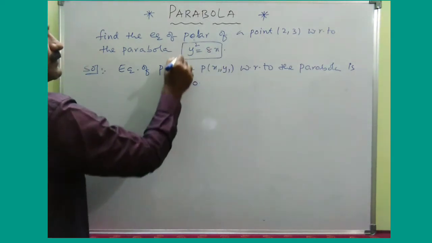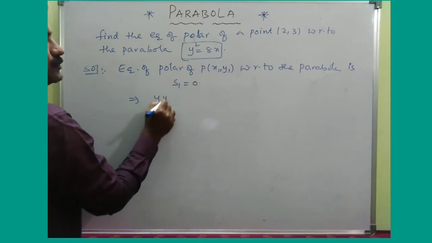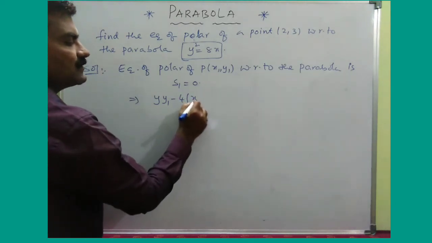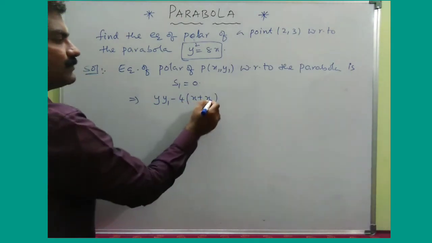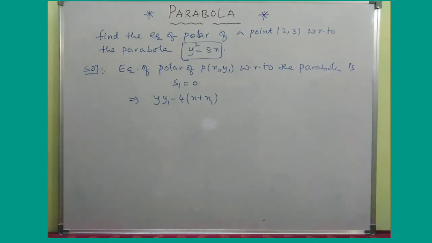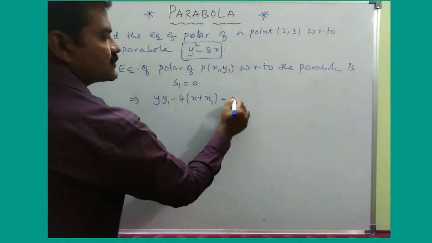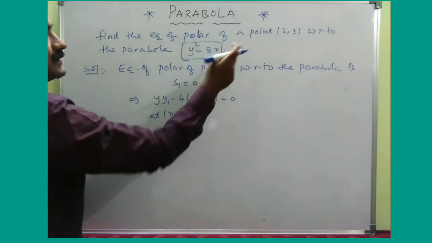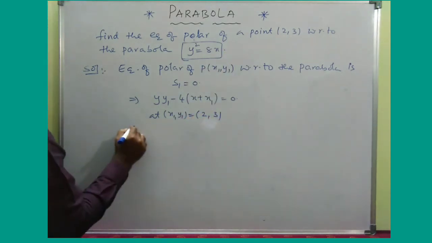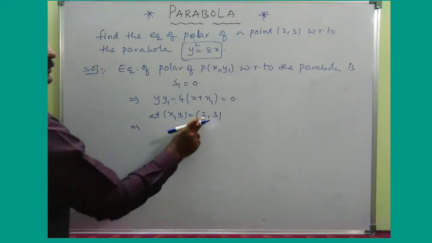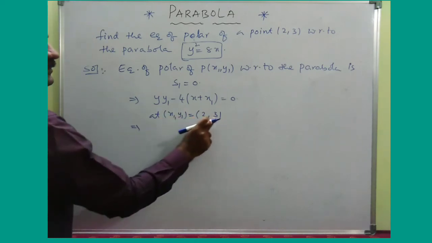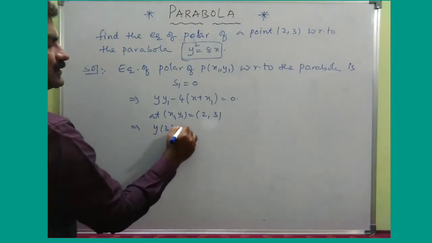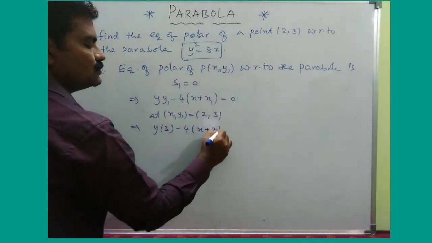Can you write the S1 format for this? y into y1 minus half of the x coefficient, which is 4 into actually 2x, that can be written as x plus x1, which is equal to 0. What is provided here? x1, y1 is nothing but 2, 3. So you just need to replace 2 in the place of x1 and 3 in the place of y1. So y into 3 minus 4 into x plus 2 is equal to 0.